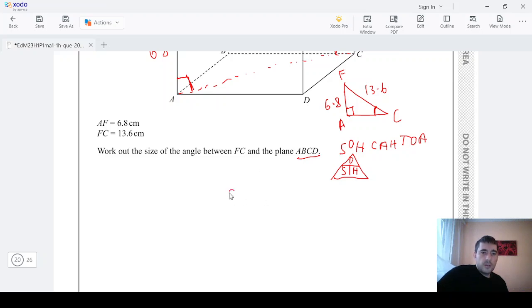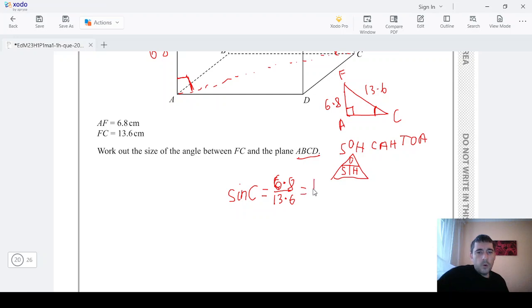So sin of angle C would be equal to the opposite, which is 6.8, divided by the hypotenuse, 13.6. What I can spot without a calculator straight away is that 6.8 is half of 13.6.